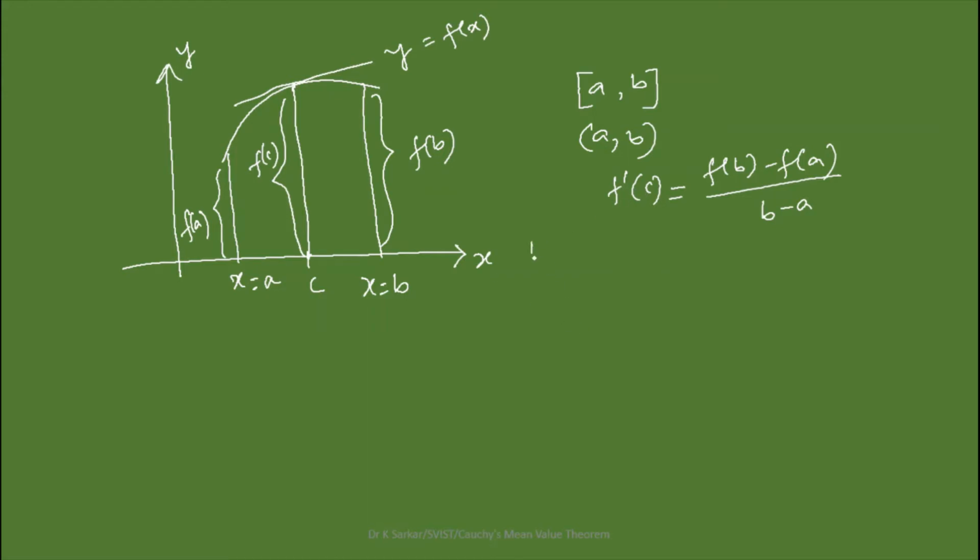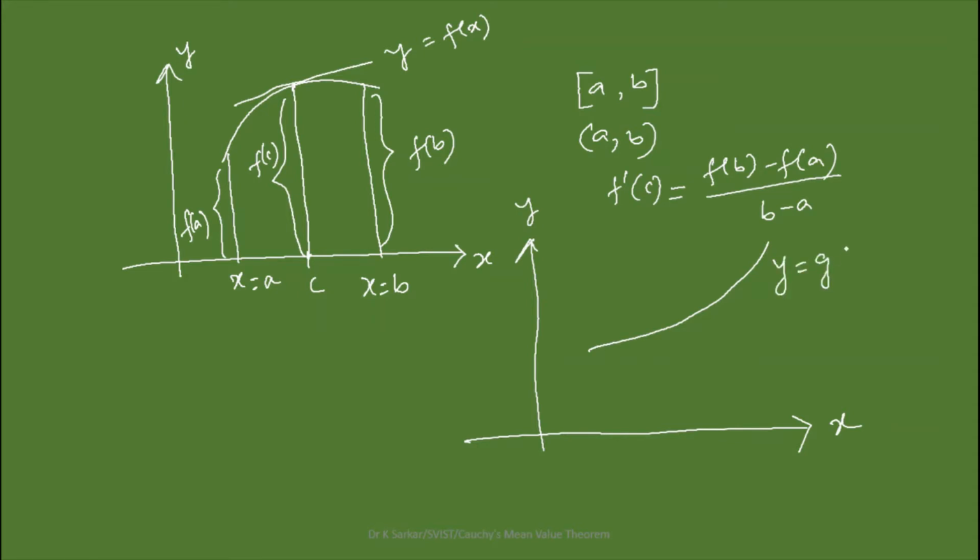Now, if we draw another function, say this one, this is y equals g(x), and this is the point x equals a, and this is the point x equals b. So this much is g(a) and this much is g(b).